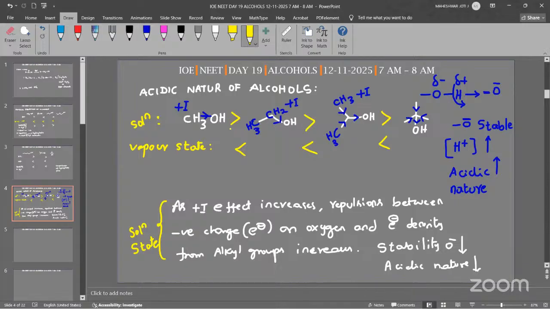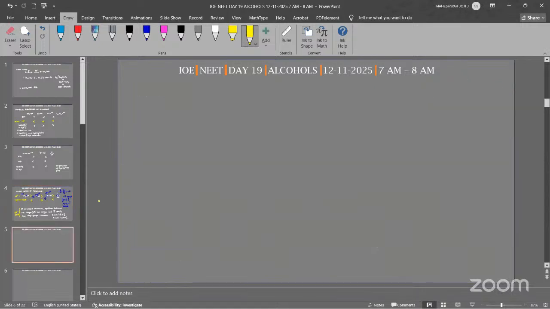Right. Now, let us take reactivity. What could be the order of reactivity of different alcohols based on acidic nature?